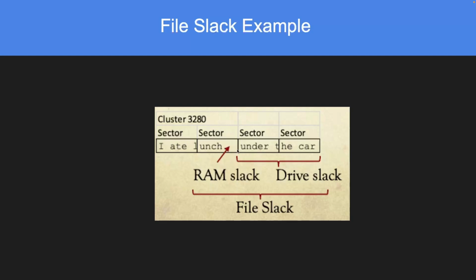And there might have been something deleted right here. So there's slack right here, there may be RAM slack right here, and this will be under drive slack because all of this stuff was possibly deleted too. And if it was deleted, it would be drive slack.